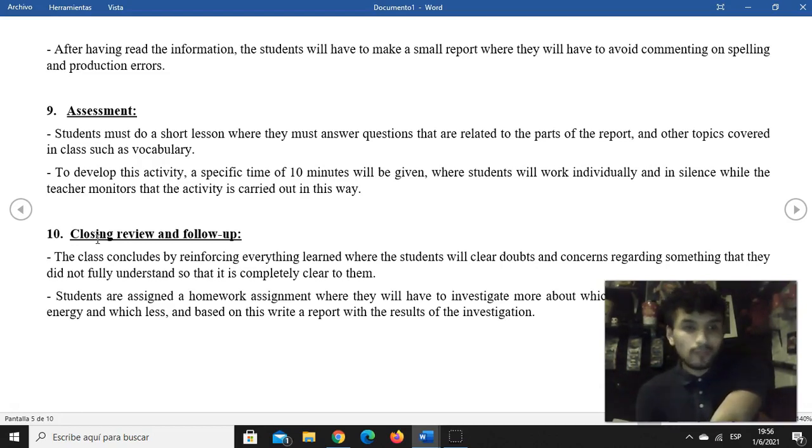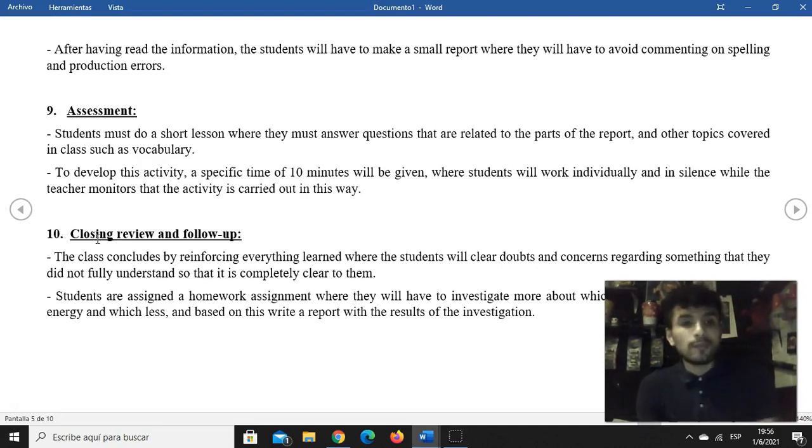In number 9, we have assessment. The students must do a short quiz where they must answer questions related to the parts of a report and other topics covered in class, such as vocabulary.